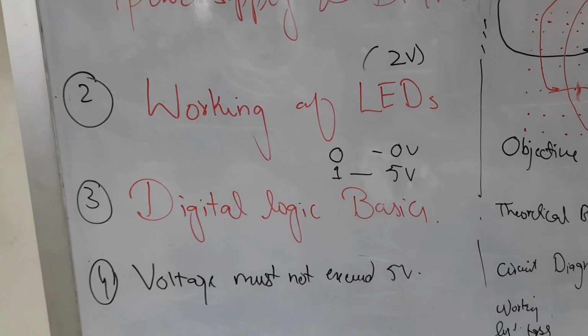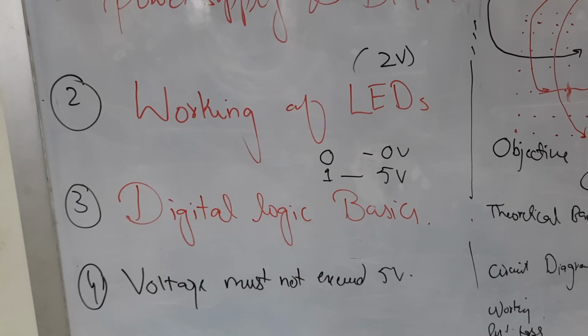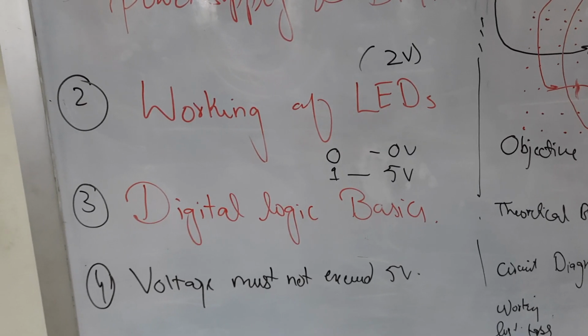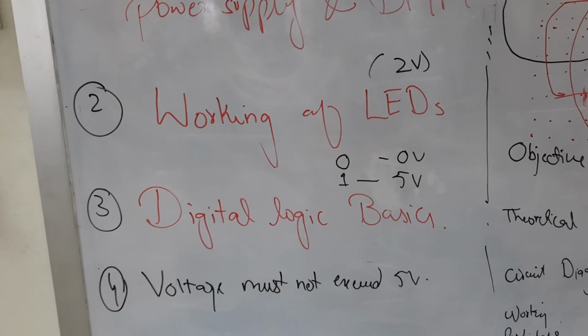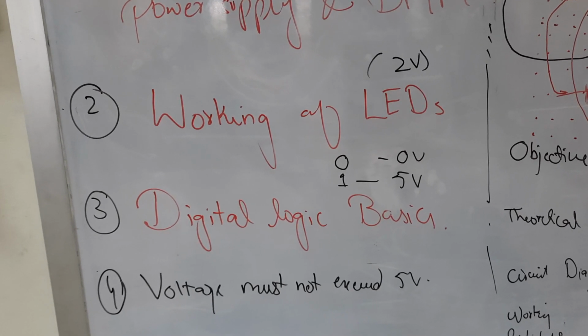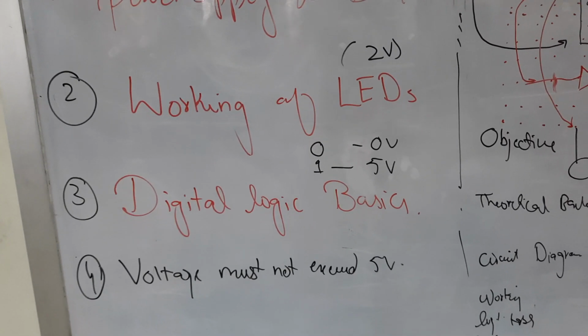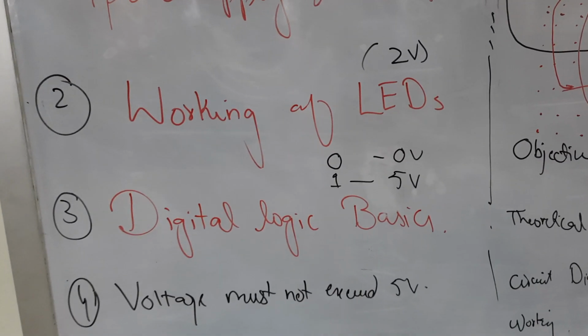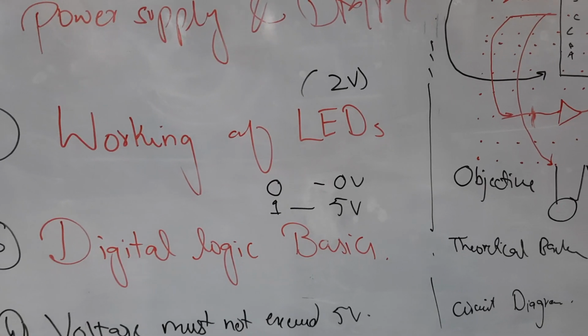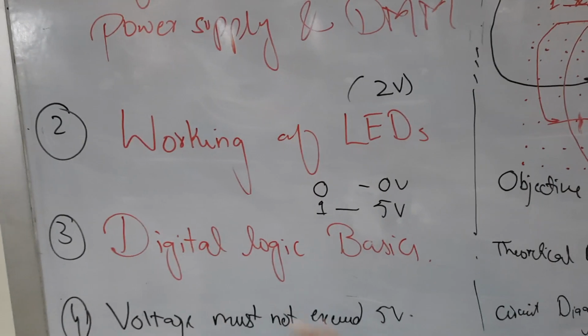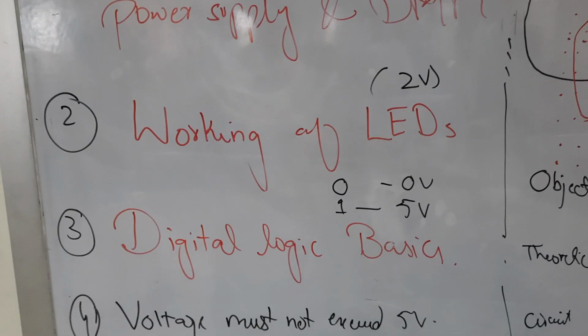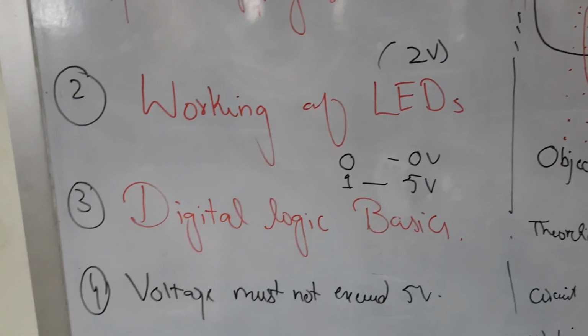Both logics, either CMOS or TTL, have different criteria for which range of voltage corresponds to 0 and which range of voltage corresponds to 1. But in lab we will be considering 5 volts as 1 and 0 volts as 0. But you should remember the difference between CMOS and TTL logic.